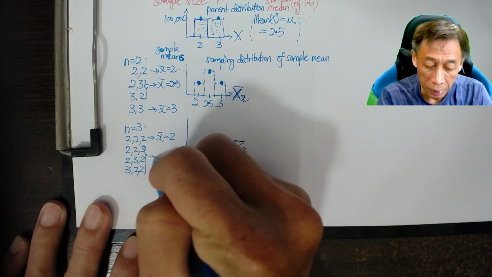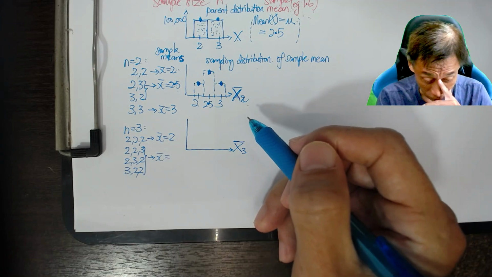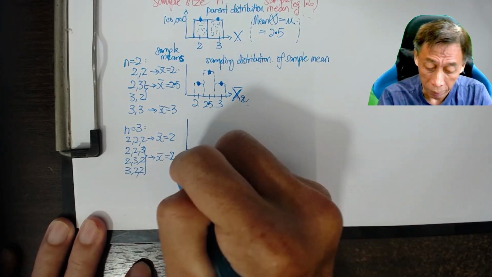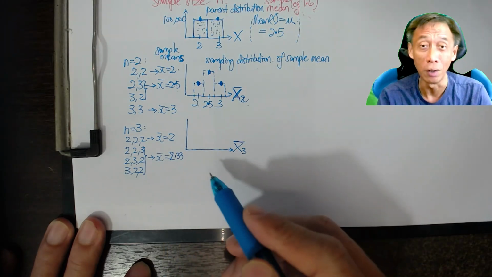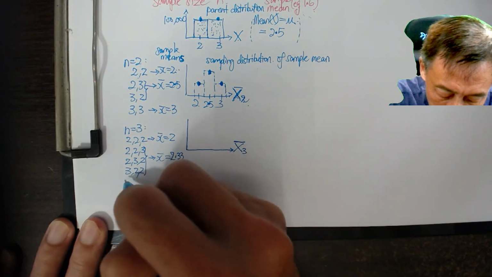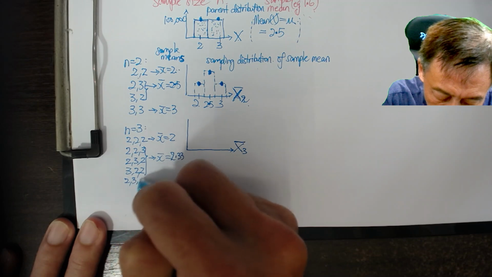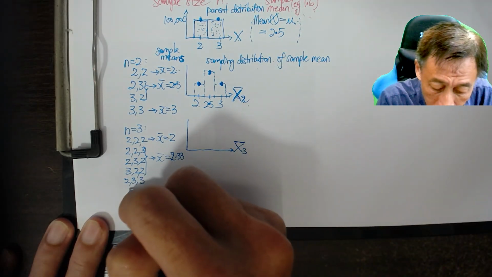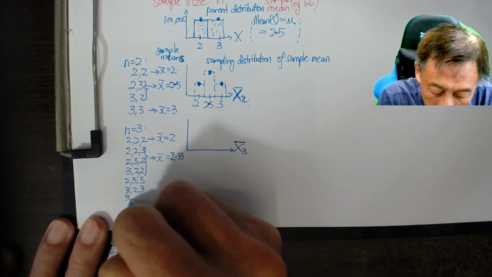So basically they all result in x bar equals 2 and 1/3, right? Because there's a 1 here to be divided by 3. So let's just abbreviate. It's supposed to be 2.333333 all the way. And we can also get 2, 3, 3, and this will give rise to 3, 2, 3, 3, 3, 2.